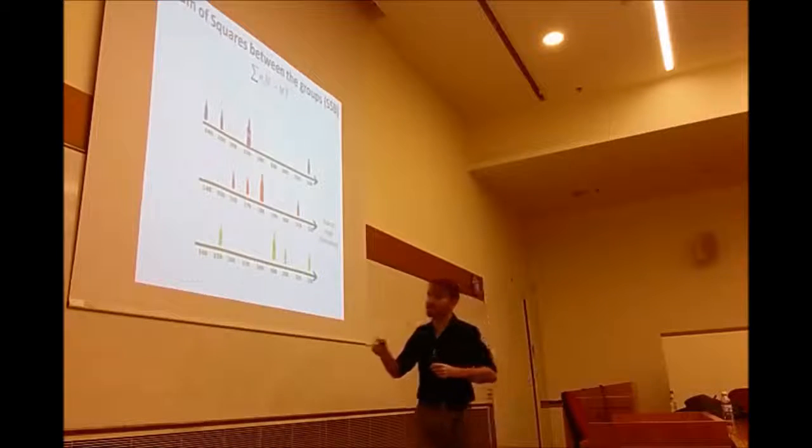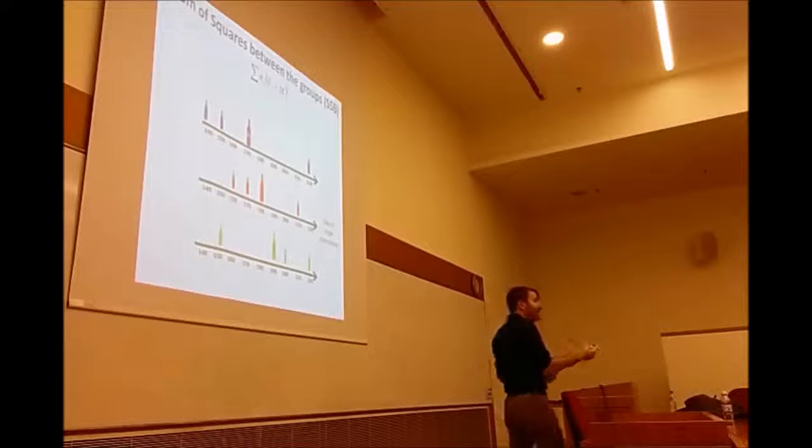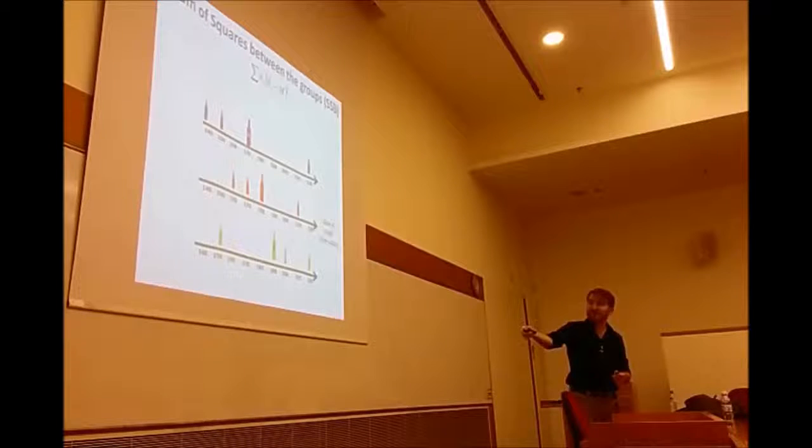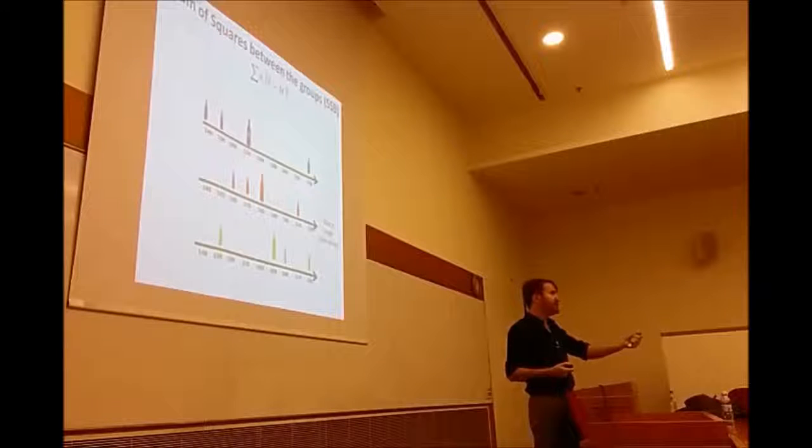So when I write x bar 2 minus x bar 1, I'm actually talking about differences between groups. Because here I have 3 or more groups, I'm going to calculate sum of squares between the groups, applying the same method.